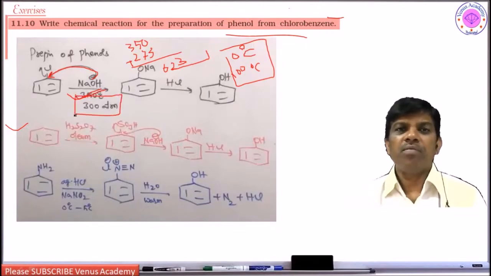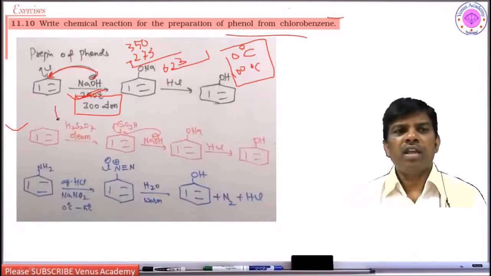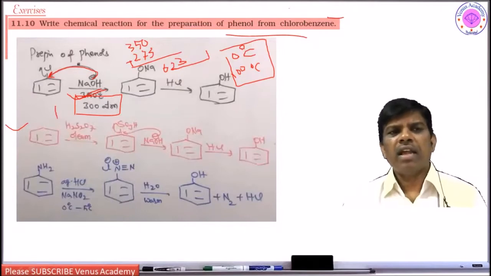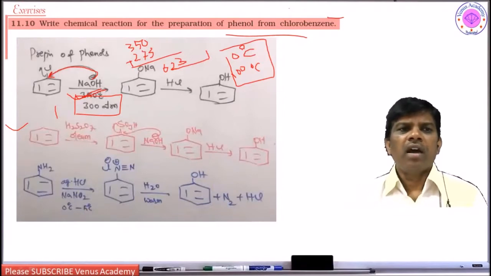So 300 atmosphere. What is the pressure at room temperature? It is 1 atmosphere. So under very high pressure and at high temperature, chlorobenzene is going to give phenol. However, at ordinary temperature and pressures, it is not possible to prepare phenol from chlorobenzene.